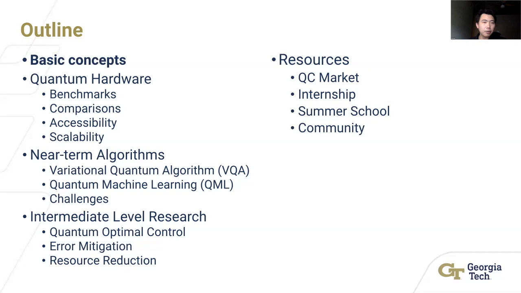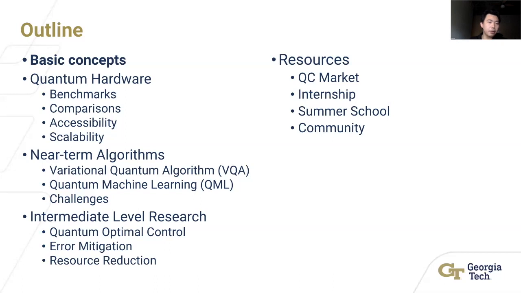More importantly, I'm going to talk about the benchmarks of existing quantum hardware and make a quick comparison, talk about whether they are accessible to the public or not, and maybe give a simple illustration of scalability.